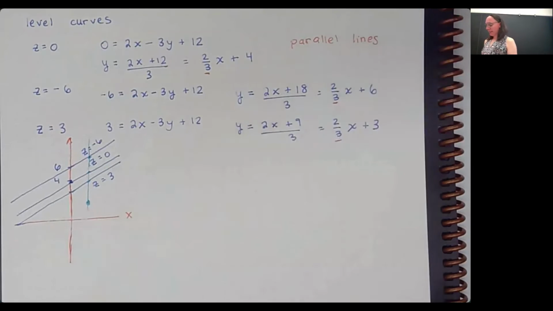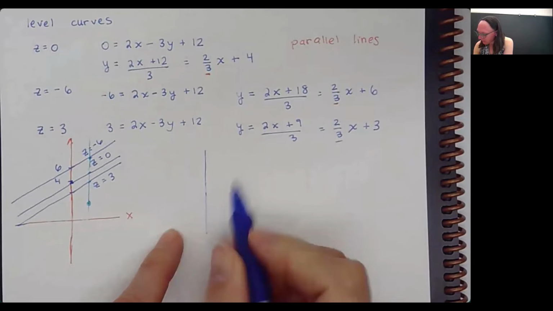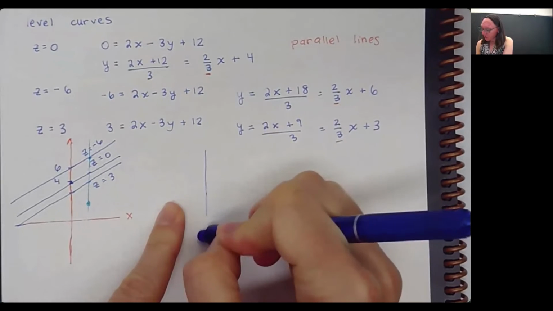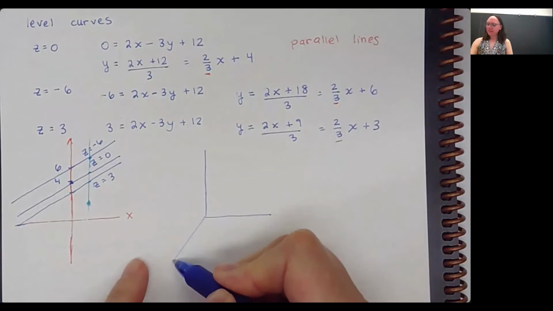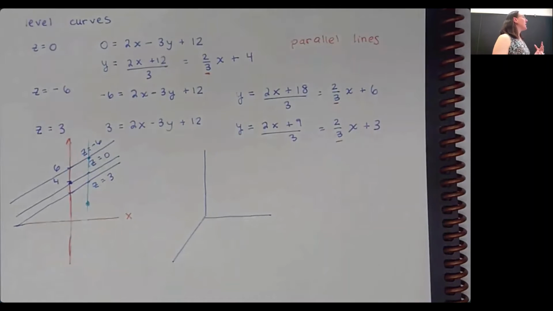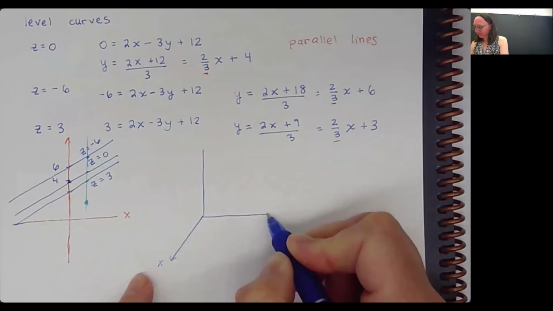So let's get a 3-dimensional view of what's happening on this graph. The overall equation here is a plane, and each of these is like a slice through that plane.